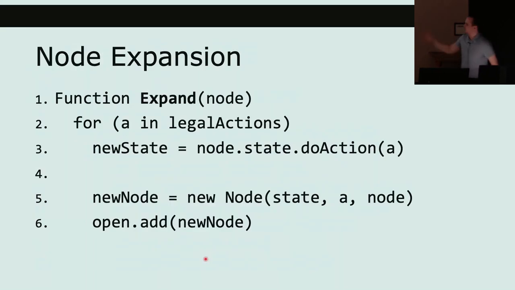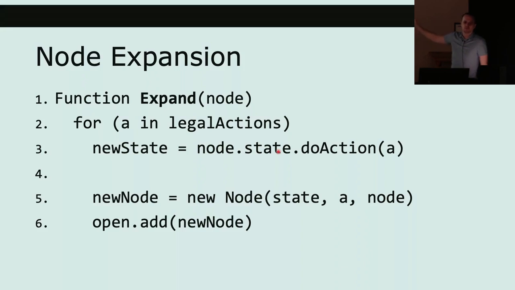But I've just given you some pseudocode. So remember, if you want to expand a node, you just say, for every action in what my legal actions are, create a new state by adding the action to the node's state. So this isn't literally JavaScript, right? This is just pseudocode. In your code, you'll say new x equals node.state.x plus a0, right?